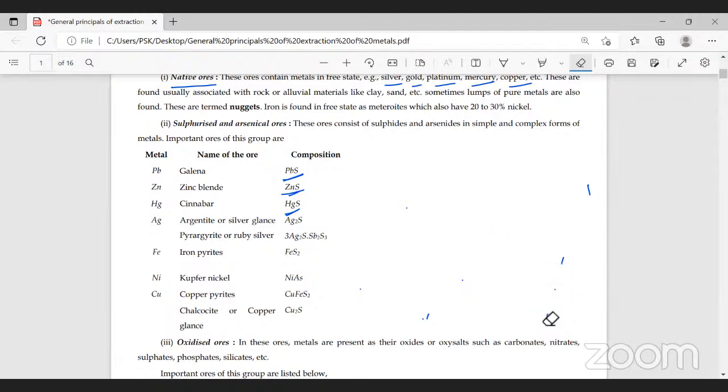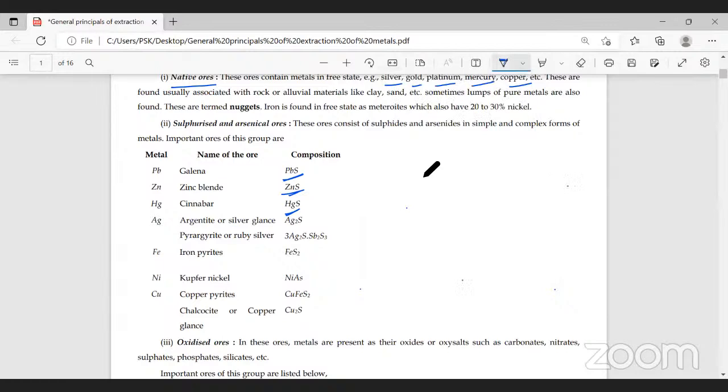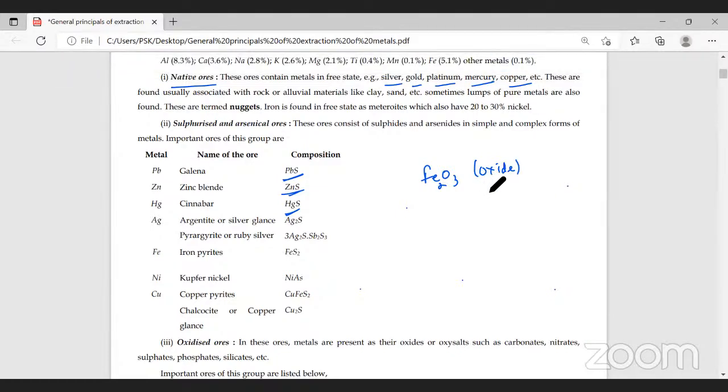When we say metals can exist in different combined states, for example, iron can exist as an oxide. When iron is combined with oxygen, it is called an oxide. If a metal is combined with oxygen, it is called an oxide ore.